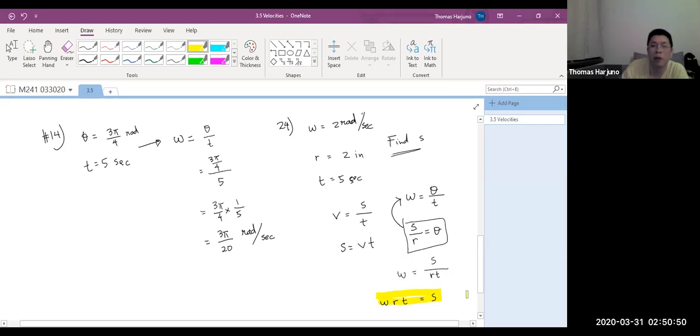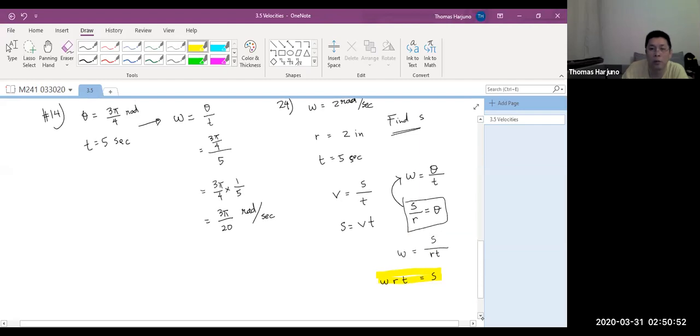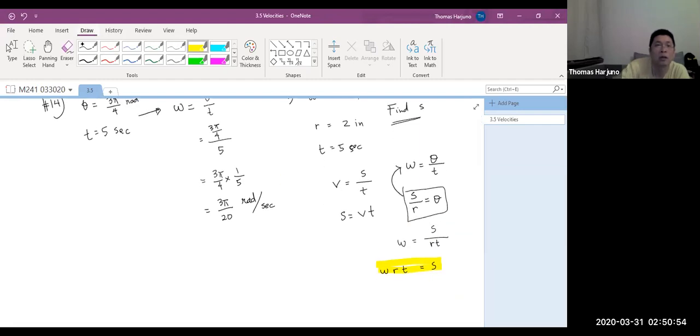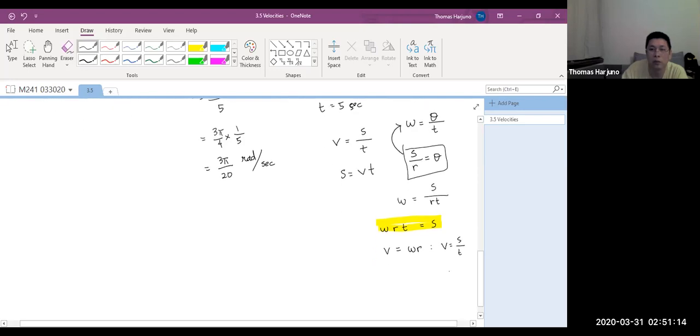Okay, maybe I give you another formula that may be useful. That is, linear velocity is equal to the angular velocity times r. If you wonder why, v equals s over t, but s is the same as theta r.